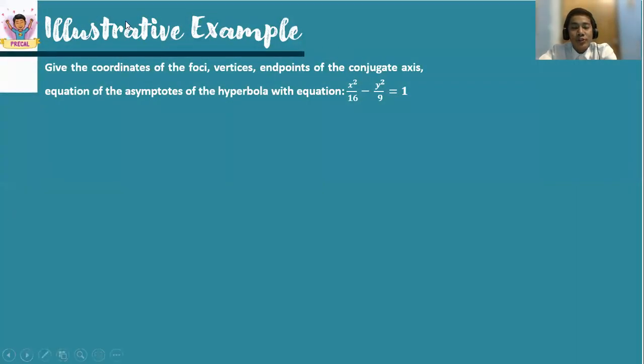So for our illustrative example, let us find the coordinates of the foci, the vertices, the endpoints of the conjugate axis, W sub 1 and W sub 2, and of course, the equation of the asymptotes, given the hyperbola with equation x squared over 16 minus y squared over 9 is equal to 1.